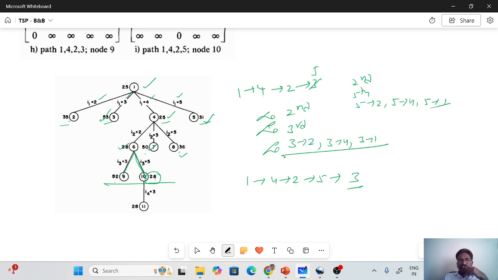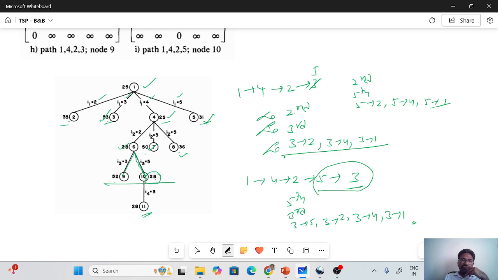When we are going to consider the 5 to 3, fifth row, third column, and 3 to 5, 3 to 2, 3 to 4, and 3 to 1 must be infinite. For the rest you will calculate the row reduction as well as the column reduction, that you are going to add with 28 and also the edge cost of 5 to 3 plus node cost at 10, that is 28, plus is there a row reduction, is there any column reduction, you can add it.